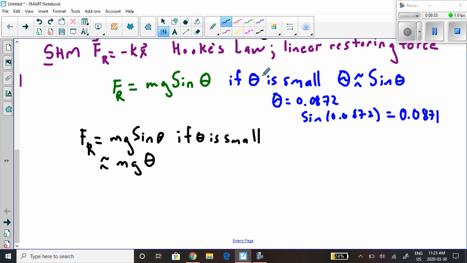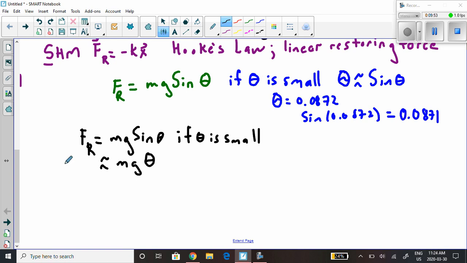So basically what we're saying is, as long as you don't pull the pendulum over too far, your restoring force will be linear. But if you pull it over too much, then the restoring force becomes sinusoidal.